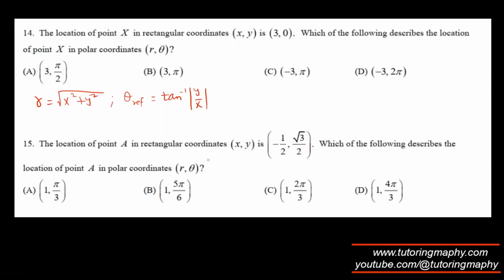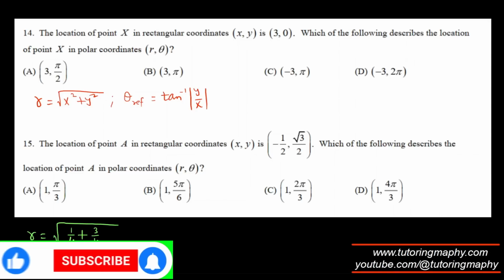So first off, what is r? R is, I think, in this case, root of negative 1 over 2 square, which is 1 over 4, and root 3 over 2 square, which is 3 over 4. 1 over 4 plus 3 over 4 is 4 over 4. 4 over 4 is 1. Square root of 1 is also 1.